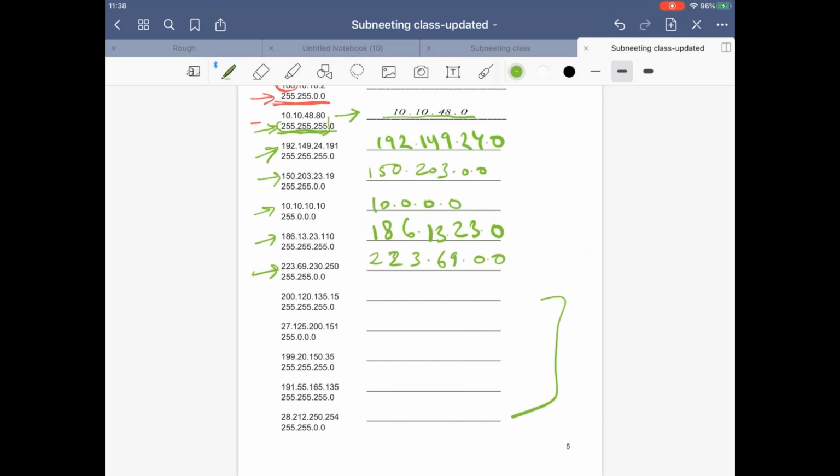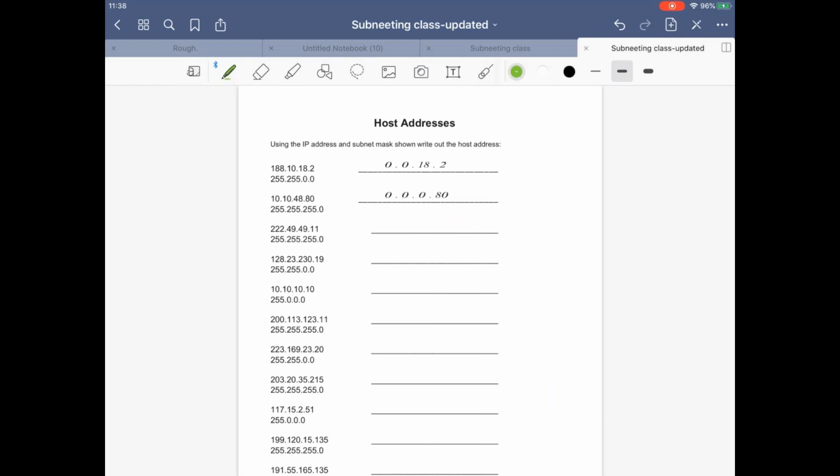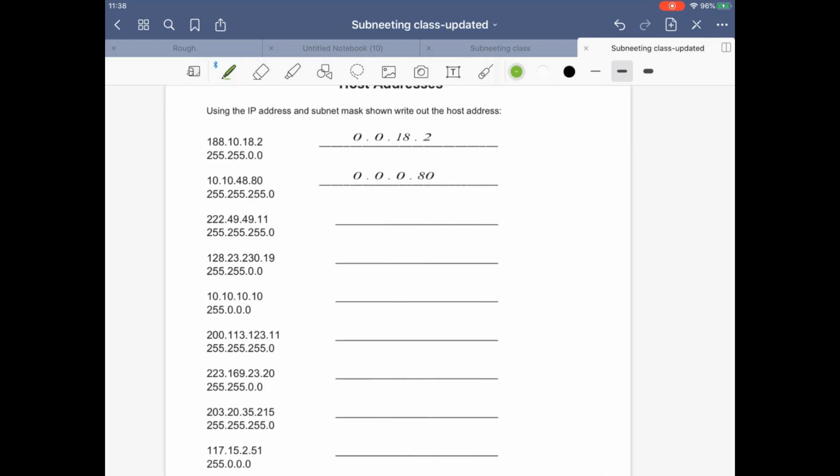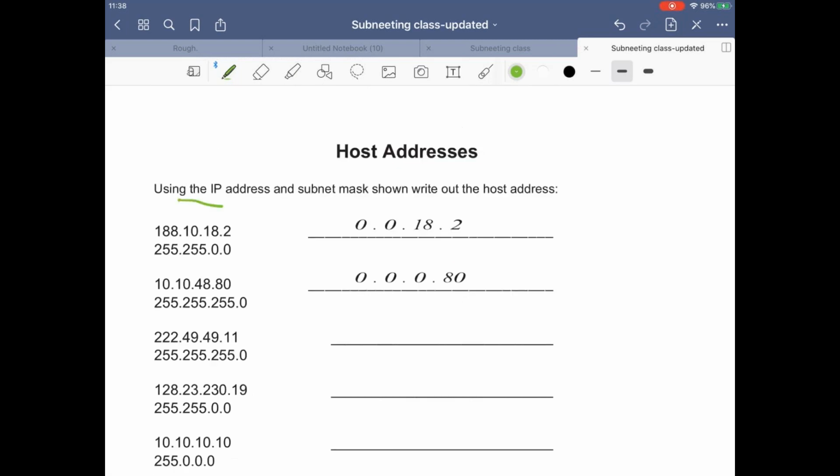Host address. Now we have to find the host address. Using the IP address and subnet mask shown, write out the host address. So this is your host portion. With the help of the subnet mask, check.